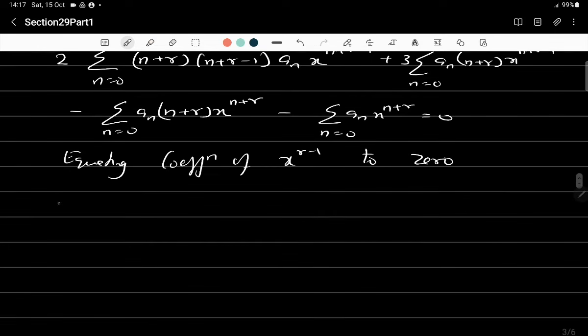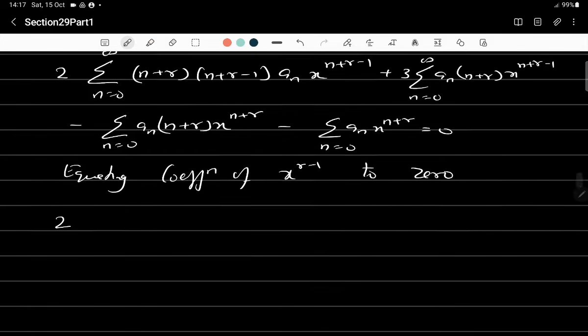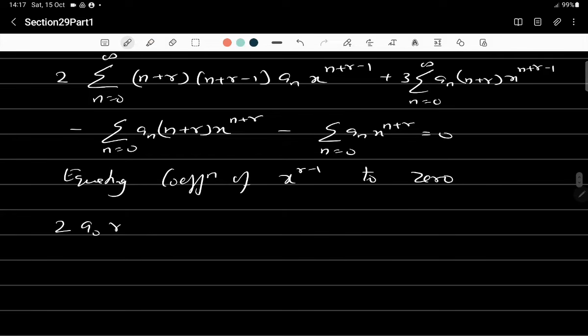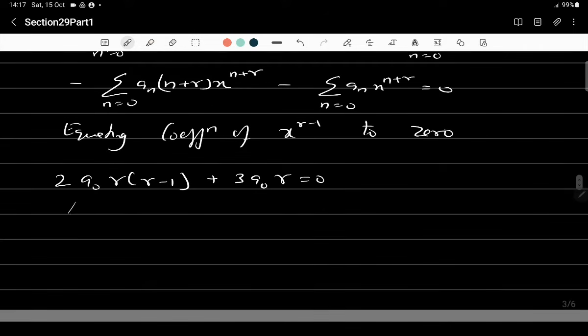So that gives me, from the first term I will get 2 a naught r, r minus 1, plus 3 a naught r, and the last 2 terms start from x raised to the power r. It means there is no coefficient of x raised to the power r minus 1. Now recall that whenever we write the Frobenius series solution, we assume a naught is not equal to 0.